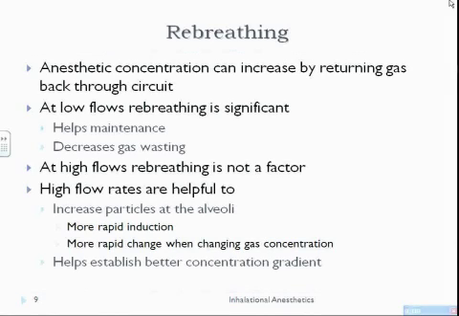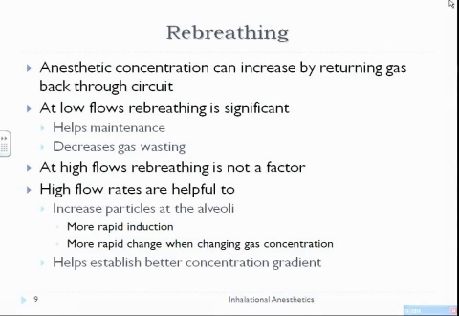If halfway through the emergence, the surgeon says, well, I got to put one more stitch here, I forgot about it, you can actually keep that person asleep without dialing your anesthetic back on. All you got to do is take your flow rates from 10 liters per minute back down to 1 liter per minute or less, usually 500 cc's per minute of oxygen.